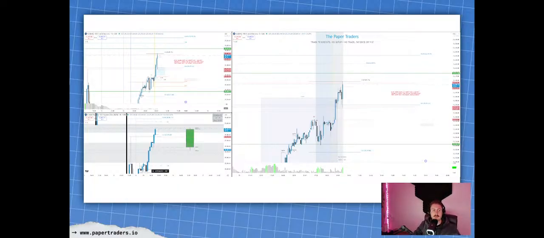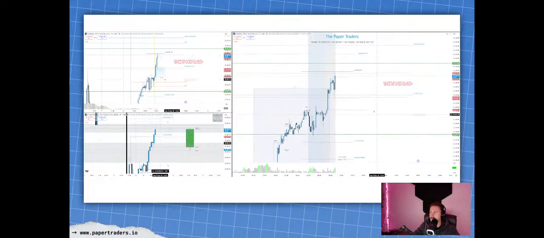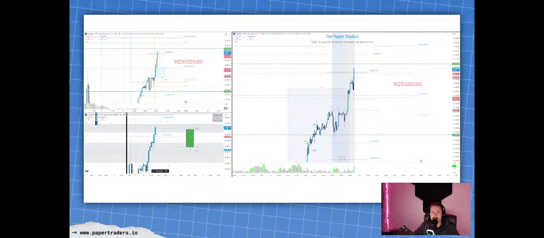A few seconds before market opens up. 10 seconds before market opens up. See, it's showing some strength right now going into this open. And there we go, market's opened up.